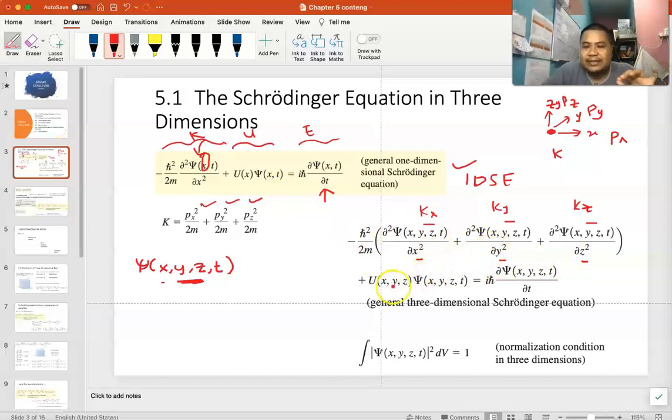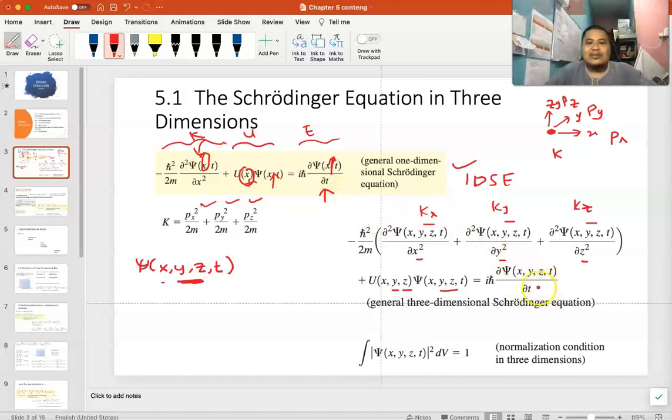And then for potential energy, also we have potential in y and z, so you see there is a change here, and also we have to include y and z. For the right side also, make sure we include x, y, and z, and there is no change to the time dependent part.